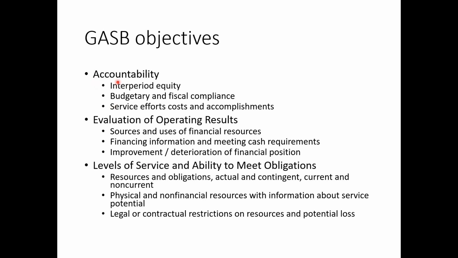If we look at accountability, the GASB is focused on three things. First, interperiod equity. Interperiod equity means the financial reporting should provide information to determine whether the current year revenue is sufficient to pay for current year services.